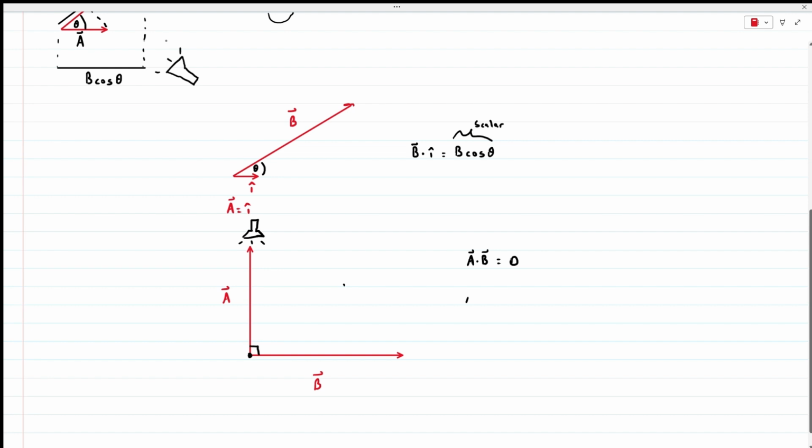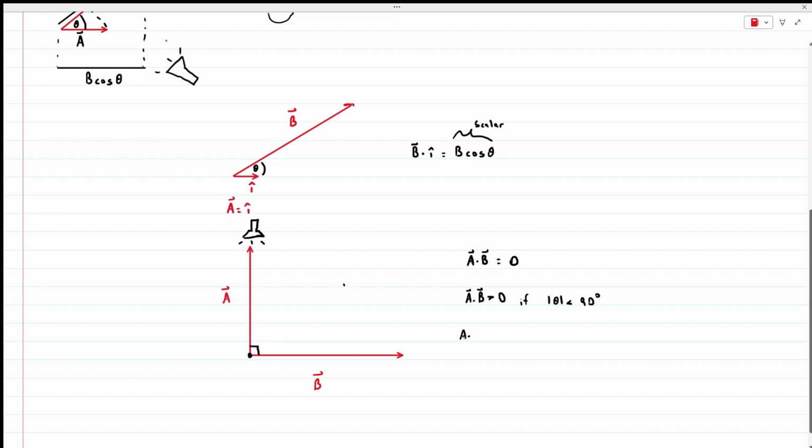And two more important facts about the dot products. A dotted with B is going to be greater than 0 if the absolute value of theta is less than 90 degrees.